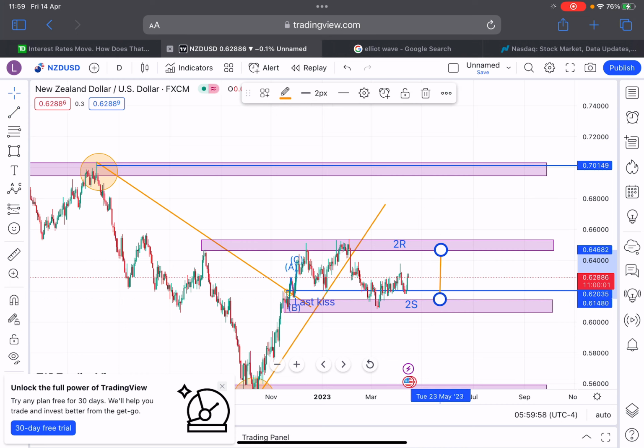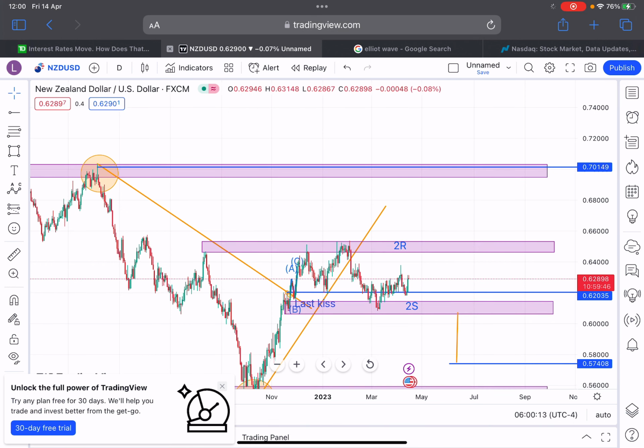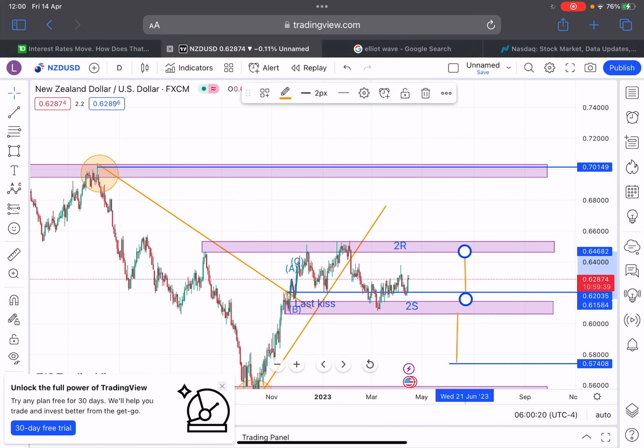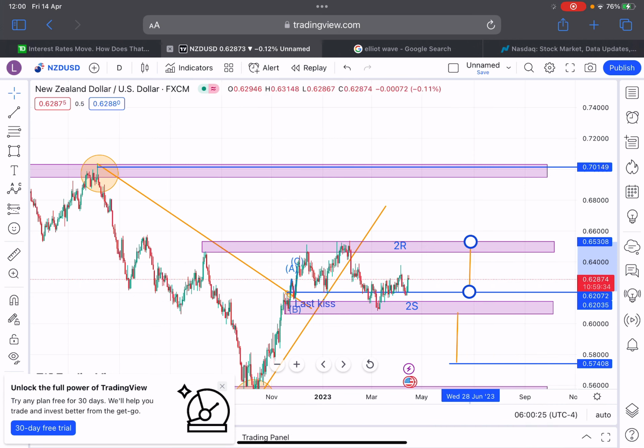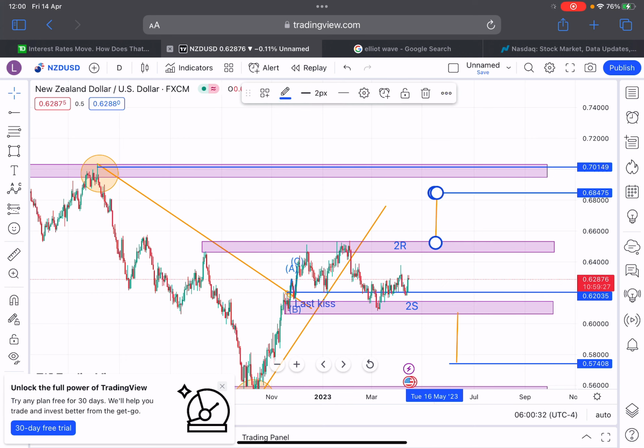You will take that distance from where your chart broke the support, and put it like this, and that will be your take profit that you will use as your target. And if your chart did break the second resistance, you will take the distance from your second resistance to your support, let's say it breaks right here, and use that price as your take profit, that is right here.